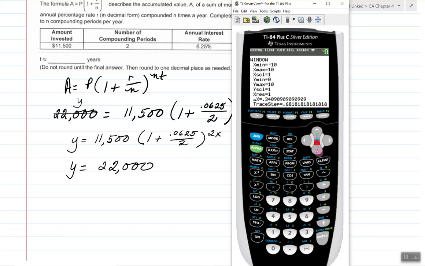Now the y's, it's the money. So let's go -10. That's only so I can see the axis, and we'll go up to 25,000. This side over here is not even relevant.